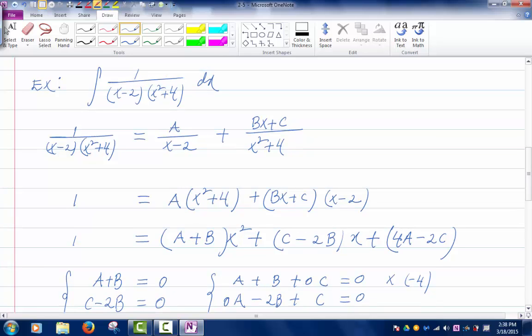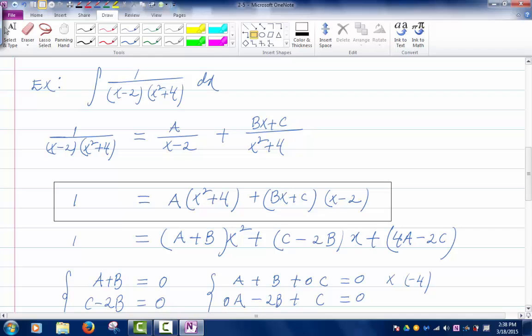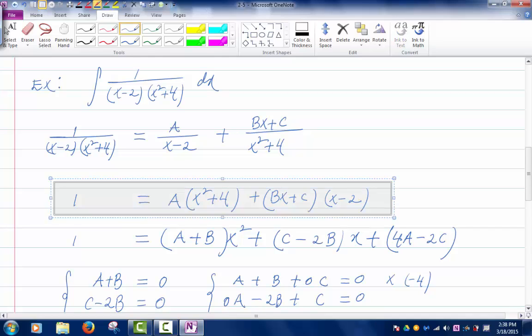Going back to the line here, let me highlight that line. So we obtained this line here. I could have figured out what A is very easily. How? Remember I said this equation is true for any x, so I can plug in. This is just a side note, okay? If I plug in x equals 2, the second term vanishes, right?